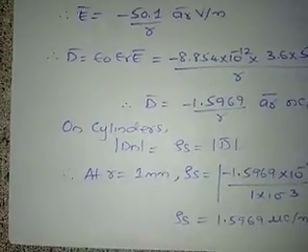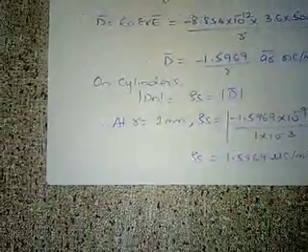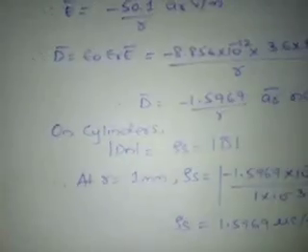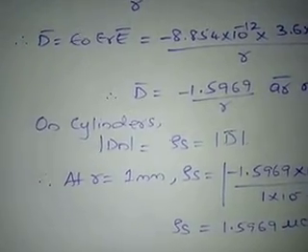Next step, on cylinders, dN bar is equal to rho s is equal to D bar, because the surface charge density is equal to the normal component of flux density. The tangential component is 0 on the cylinders.